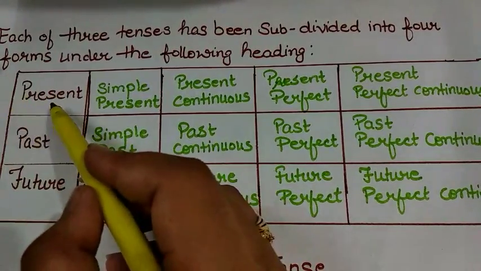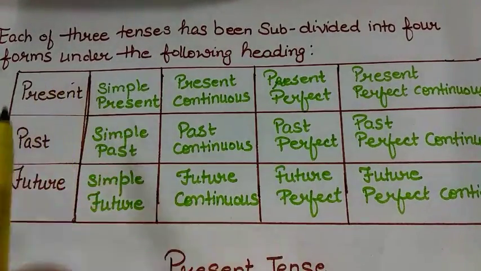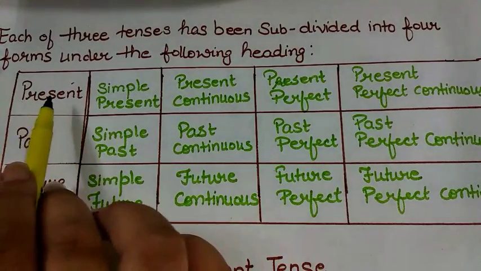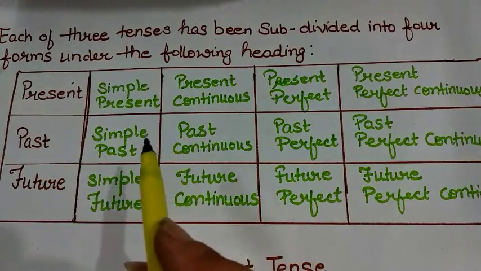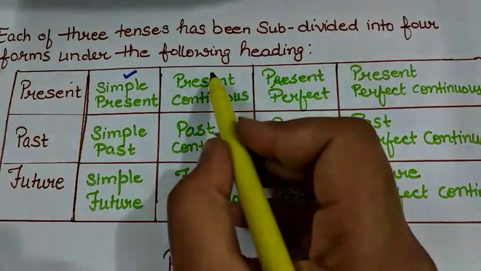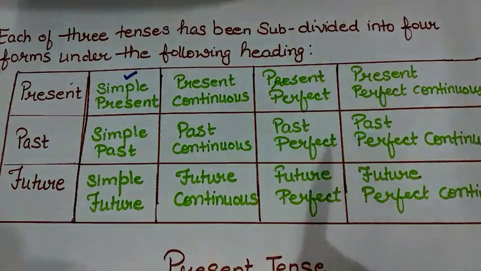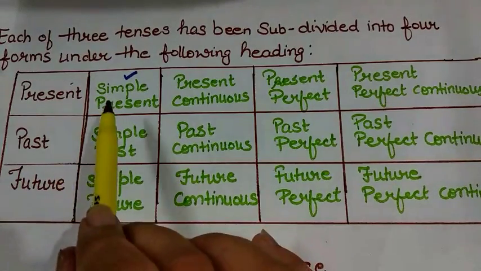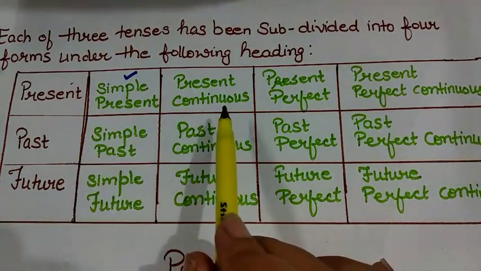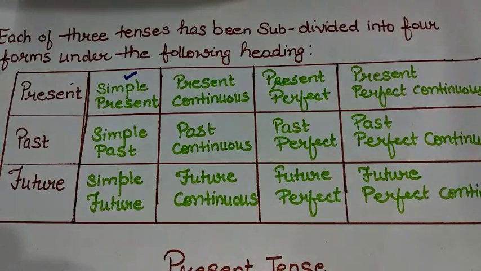Basically we have three tenses: present, past and future. And each tense is further subdivided into simple present, present continuous, present perfect and present perfect continuous.